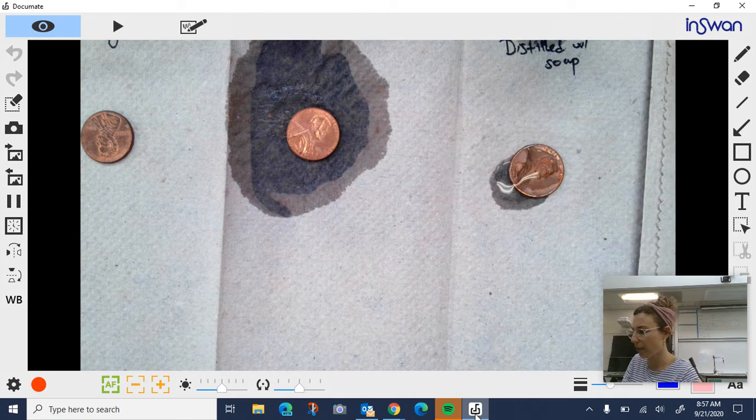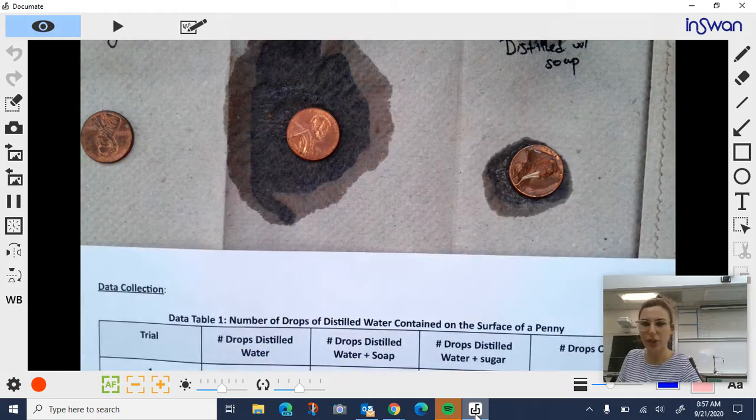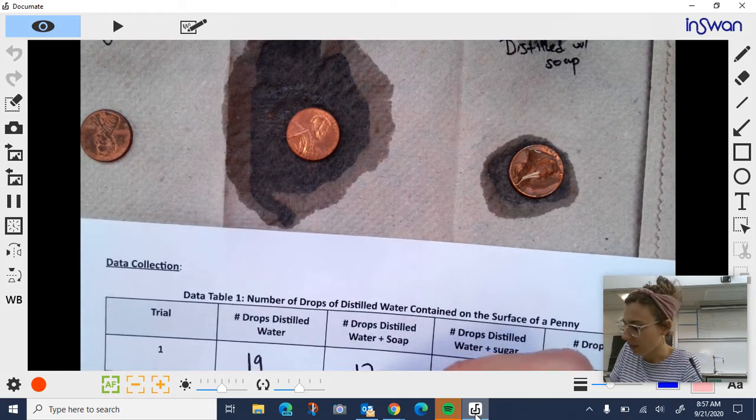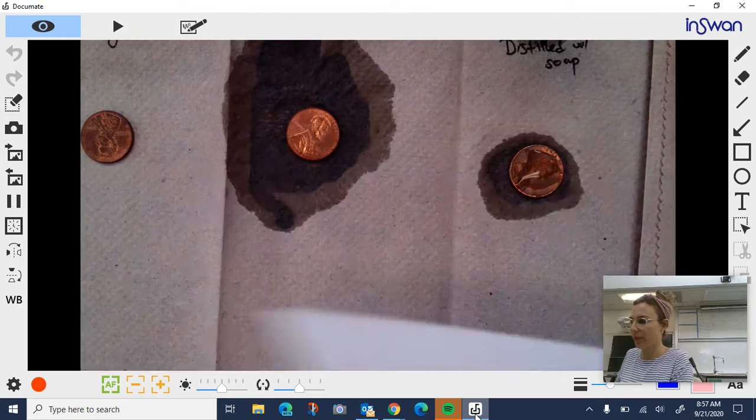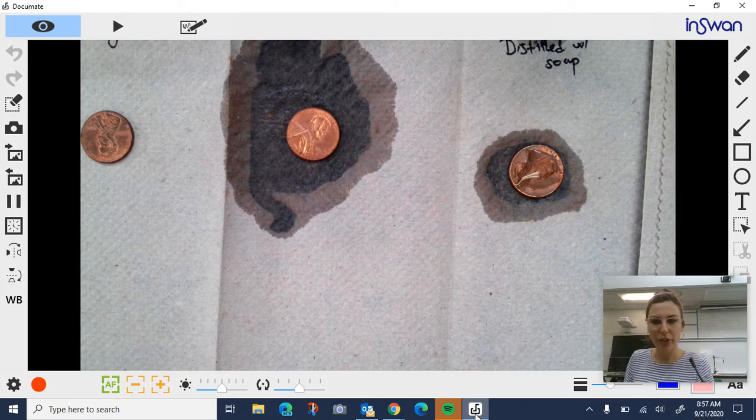So at number 12. You could see it was behaving differently, just visually. I marked 12. So our next one is distilled water and sugar.